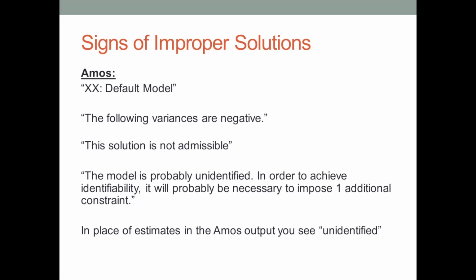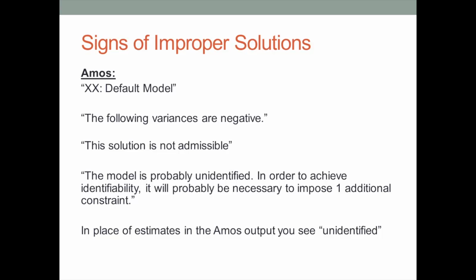So how do we know if we have an improper solution? Well, in AMOS, we see this on the front. Next to the diagram, under the Manage Models box, we have this little thing that shows up okay if our model estimated, or if it didn't, then we see the 2 X's, which tells us it did not work.